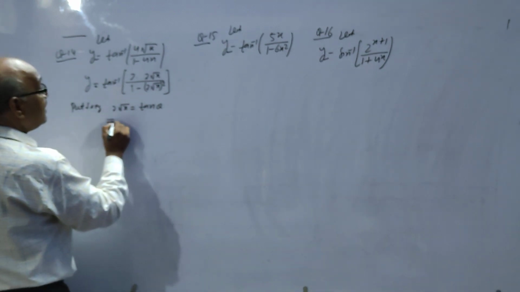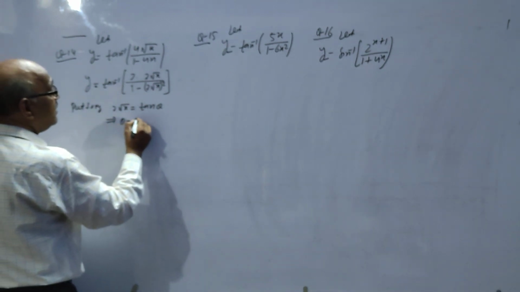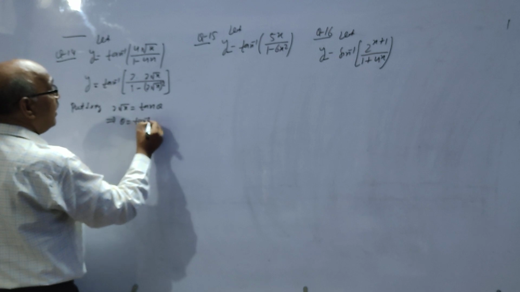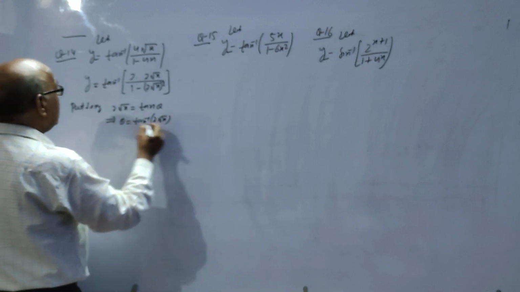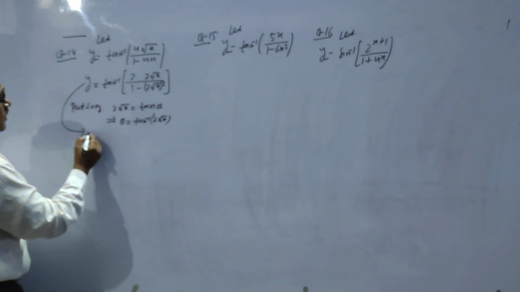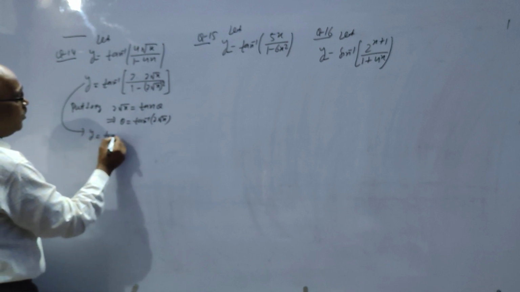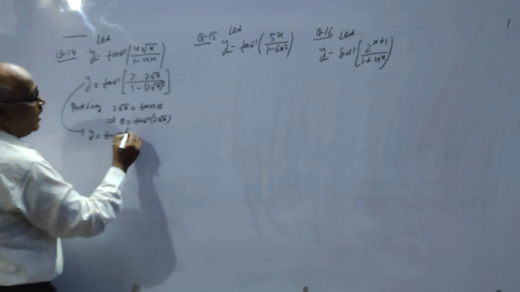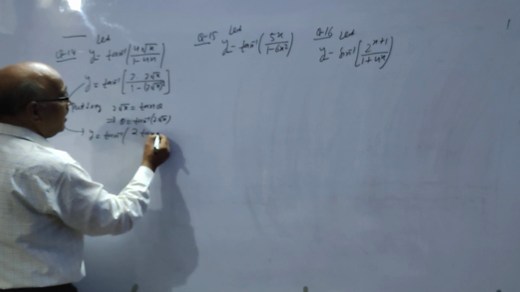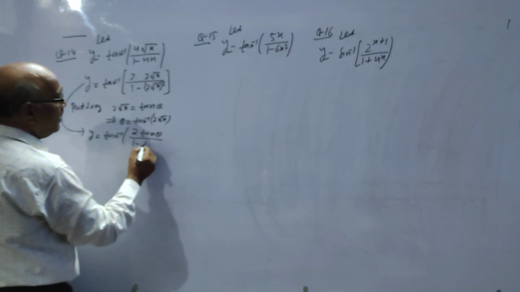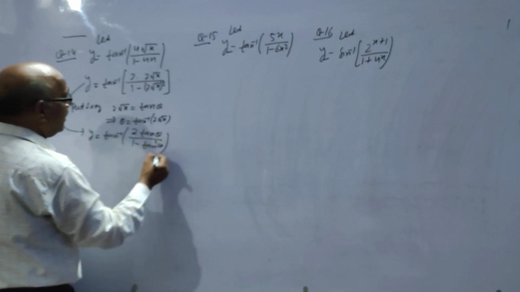Now this implies theta is equal to tan inverse 2 under root x. Now from here, y is equal to tan inverse twice tan theta upon 1 minus tan square theta.